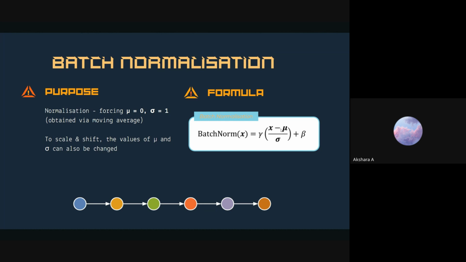Where mu is the mean, sigma is the standard deviation, and the other two are learned parameters allowing the network to scale and shift the normalized value if necessary. By normalizing the inputs, batch norm makes your training process more stable and also allows for higher learning rates. Importantly, it enables each layer to learn more independently, as changes in previous layers have less impact on the input distribution of subsequent layers.